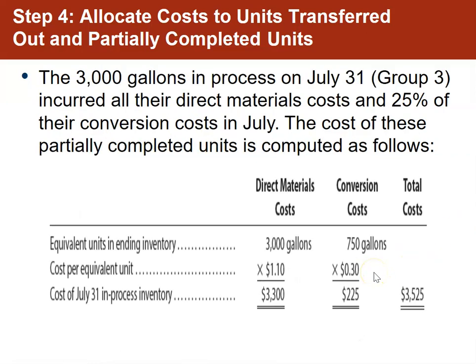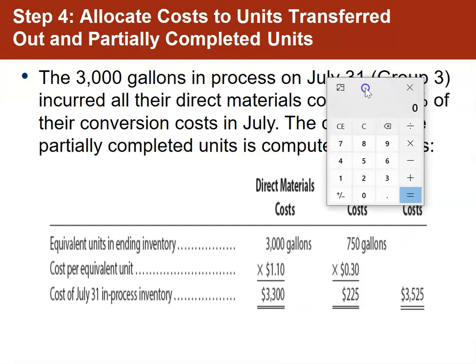Let's see what we have here: 35.25, and here it is. Again, we're putting the direct materials in at the beginning of the process, so we take all 3,000 gallons, multiply by our $1.10, and we get 3,300. However, recall that our conversion costs were only 25% complete.